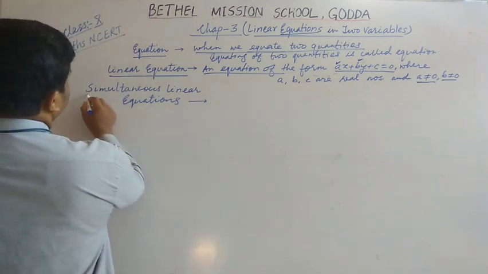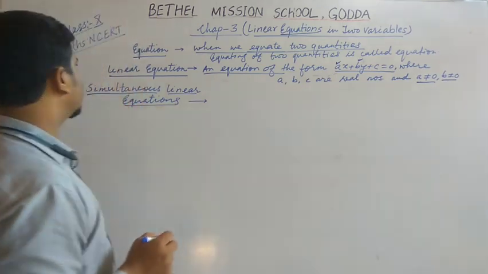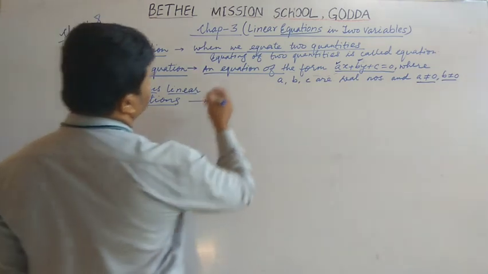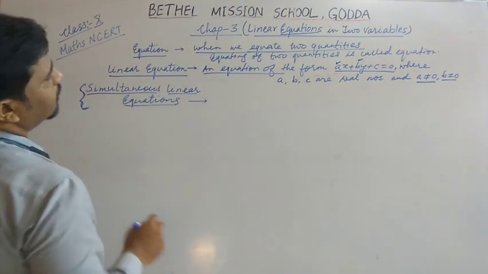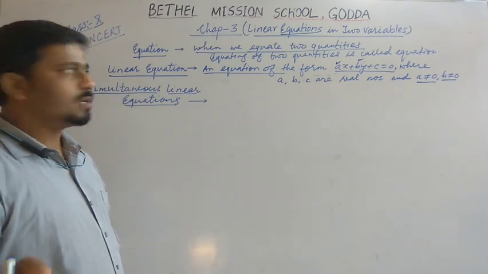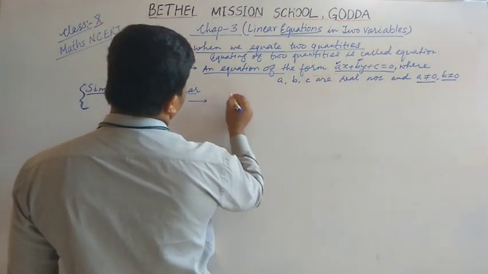Next, simultaneous linear equations. What are simultaneous linear equations? Here we will discuss about this equation only. We will solve the problems related to this type of equation. So what are simultaneous linear equations?